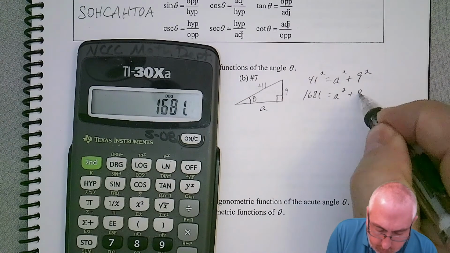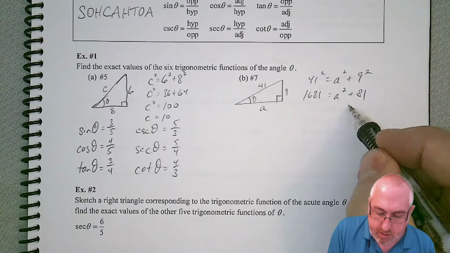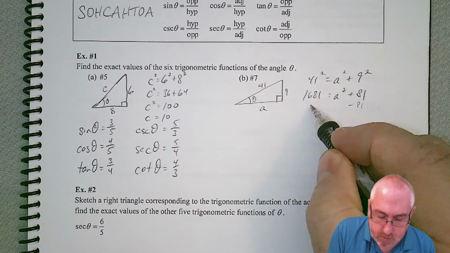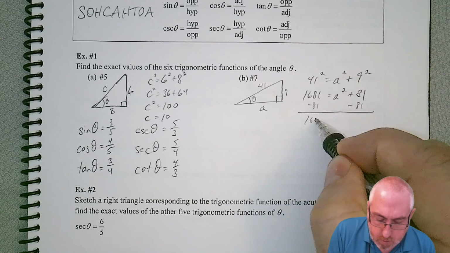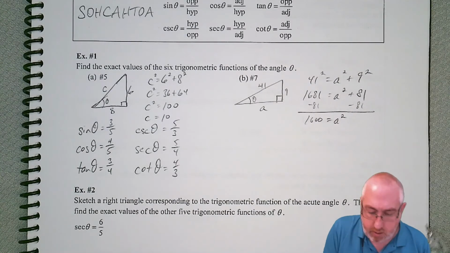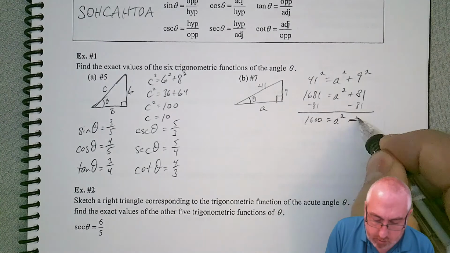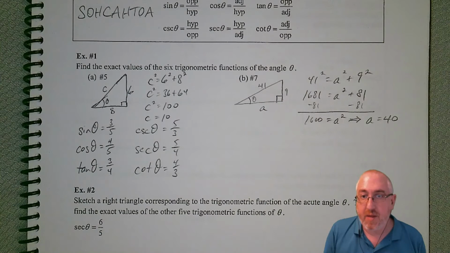And lo and behold, 9 squared is 81. If we subtract that from both sides, A squared is 1600, so we can quickly see that A better be 40.